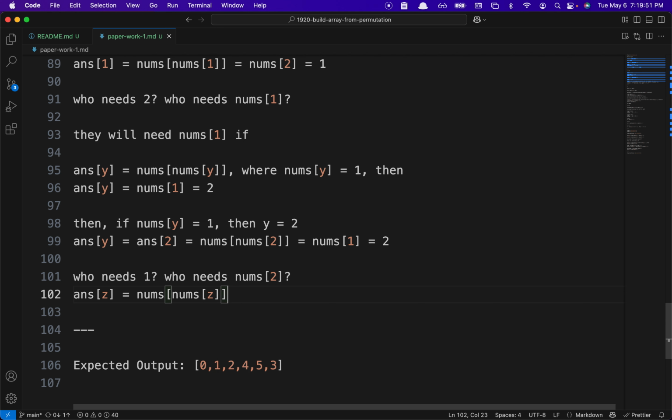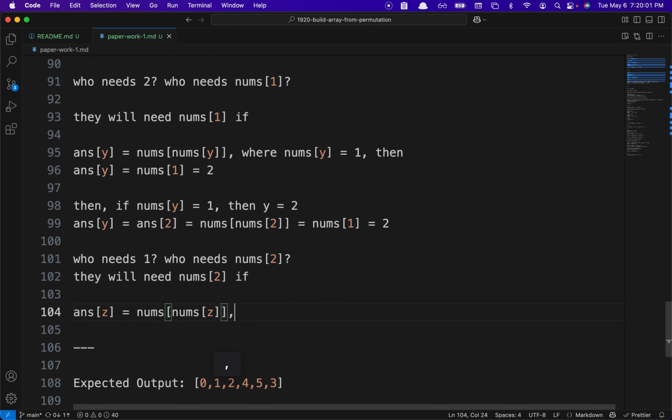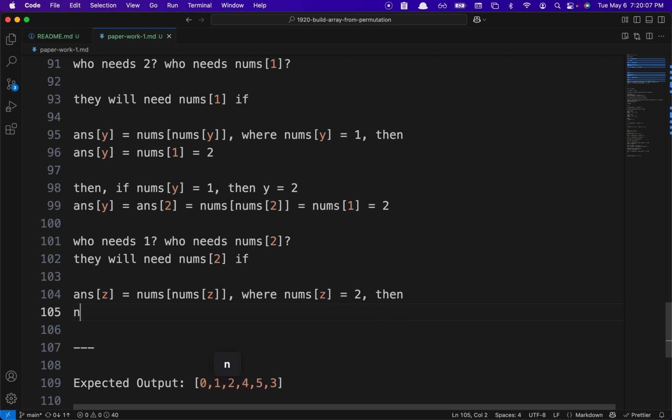They will need nums of 2 if nums of z is equal to 2. Then answer z is equal to nums of 2, which is equal to 1.